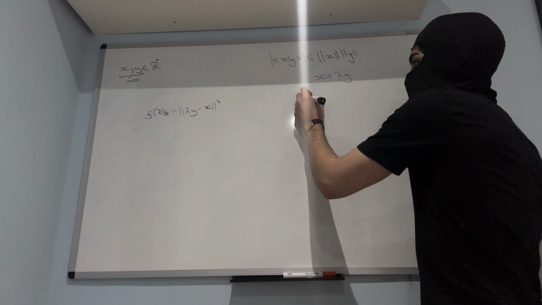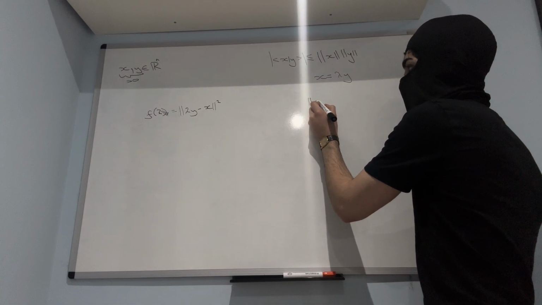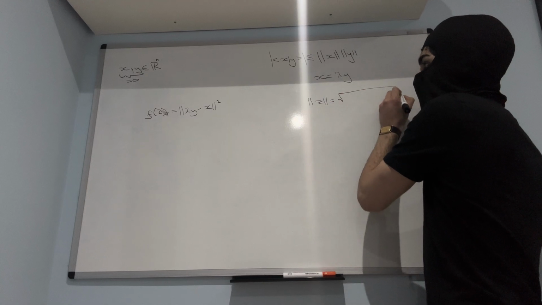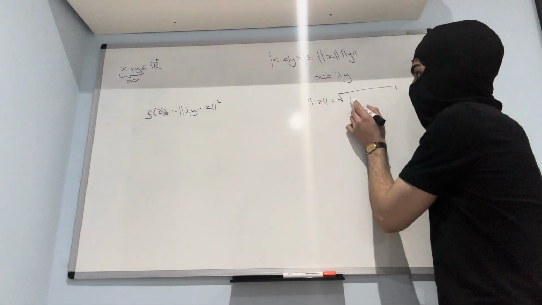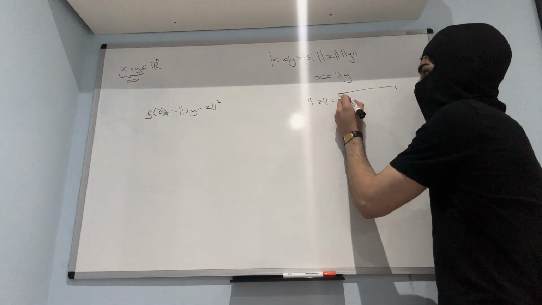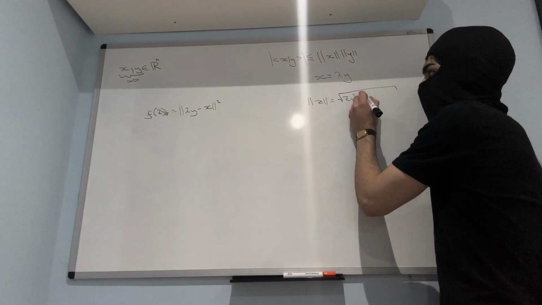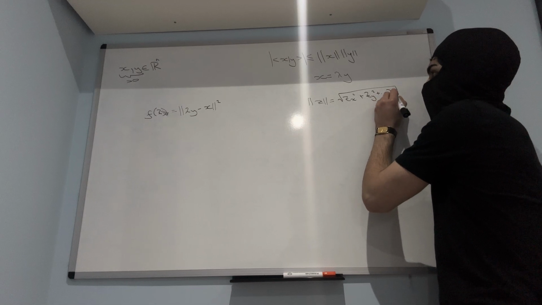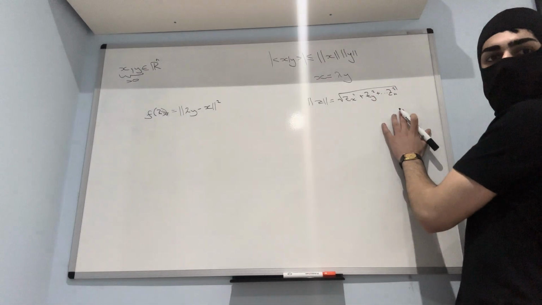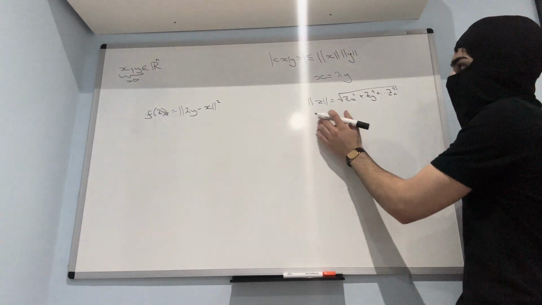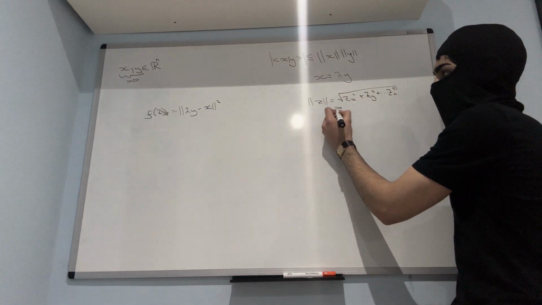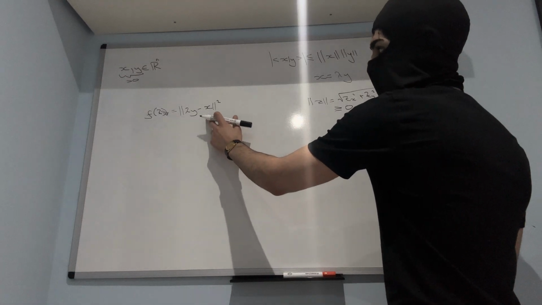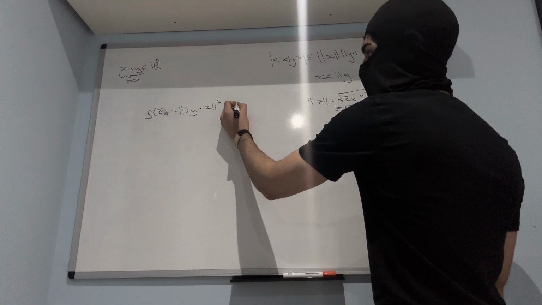Now, if you recall, the norm of a vector, let's say z, is just the square root of its components squared and added to each other: the first component, the second component, dot dot dot, the nth component. So we can say that it's greater than or equal to 0.